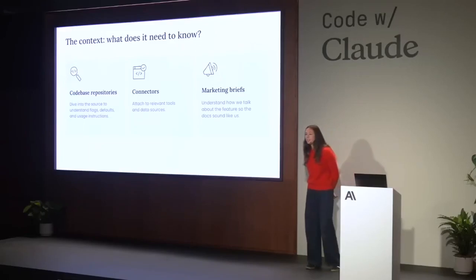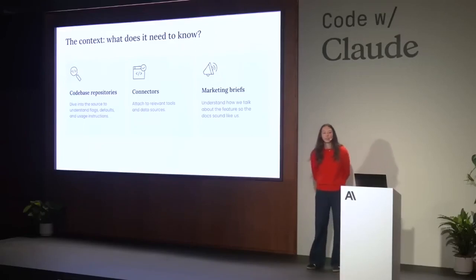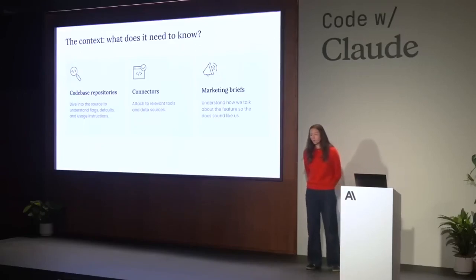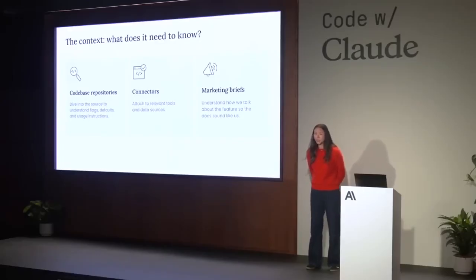Next, you might want to provide additional context to these sessions. Maybe for this example, I want Claude to have access to all of our existing marketing briefs. Maybe I want Claude to use similar language and verbiage that we use in other marketing materials externally at Anthropic. So maybe all of this lives inside of Google Drive, and I'll want to give Claude access to these files during the session, so I'll hook up the Drive connector.